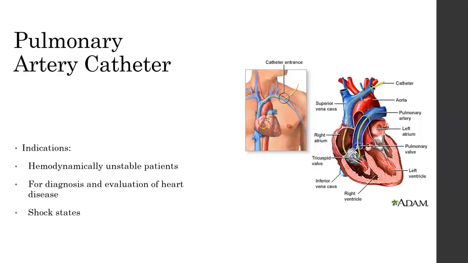A PA catheter can simultaneously assess the PA systolic and diastolic pressure, and also a PA mean pressure and a PA wedge pressure. The PA catheter also can measure cardiac output, determine mixed venous oxygen saturation, and help calculate additional hemodynamic parameters. So it can do a bunch of good things.